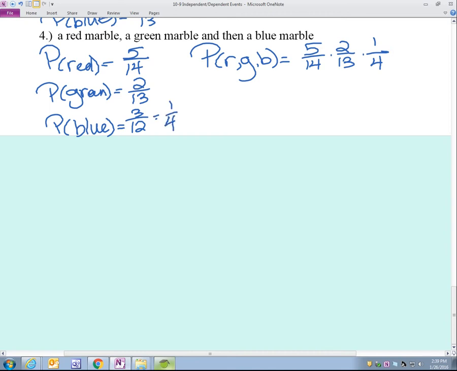So my numerator is going to be nice and easy. That's just 10. My denominator, however, I have to do 182 times 4. And since I can't use calculators in this class, that's right, 728. Oops, dyslexia.